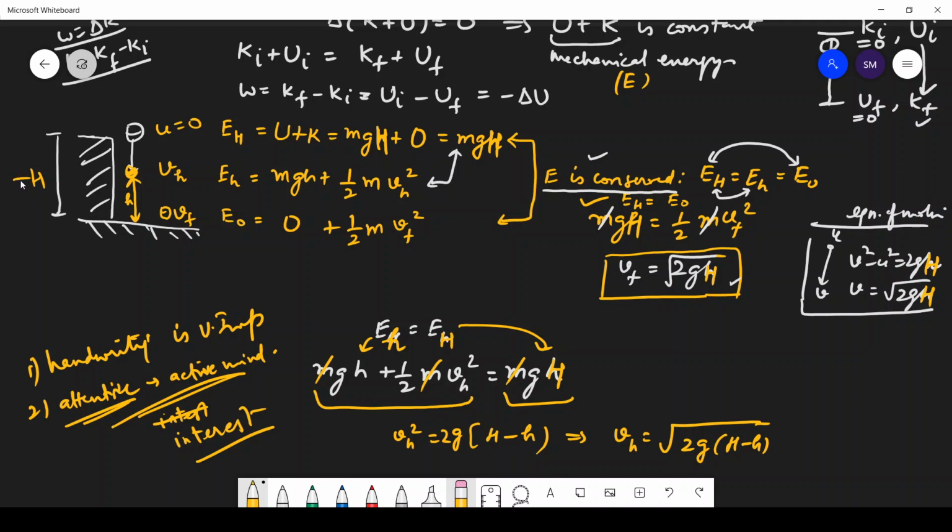So 2g, what is H minus h? So that's H minus h. This is the height from where the body starts falling, so that's the height that the body has covered in the fall. So whether the height is H, or whether the height is this, the final velocity depends on the height.